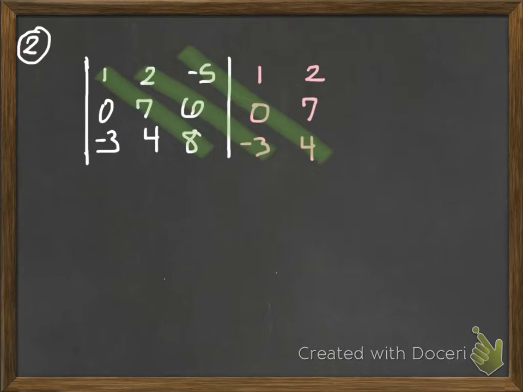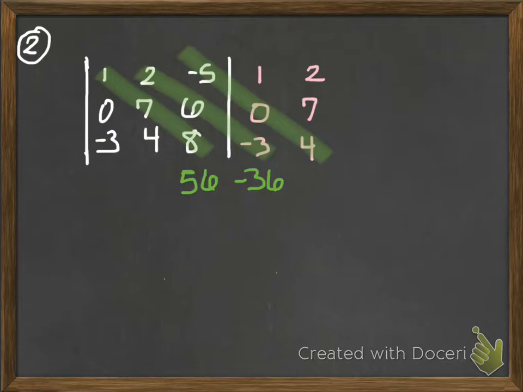So, the product of 1 times 7 times 8 is 56, I think, right? Okay. 2 times 6 times negative 3 is negative 36.